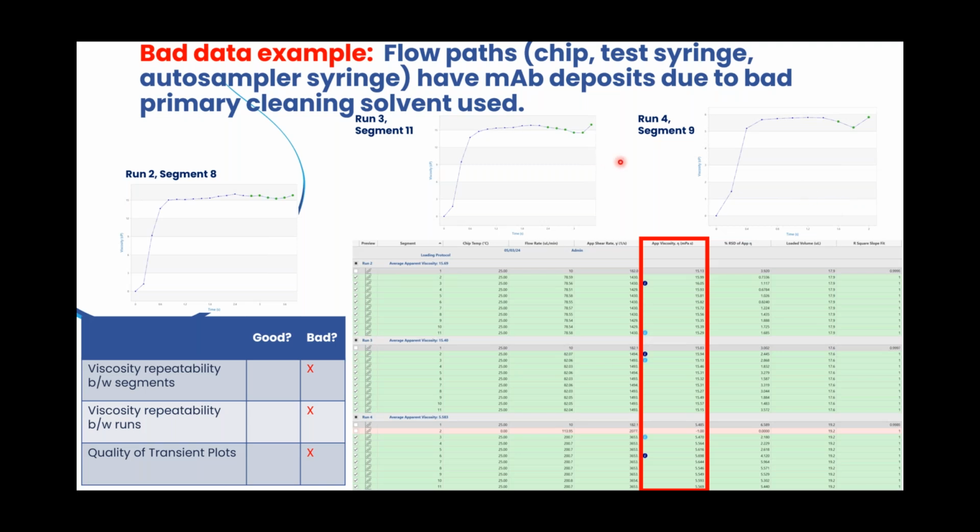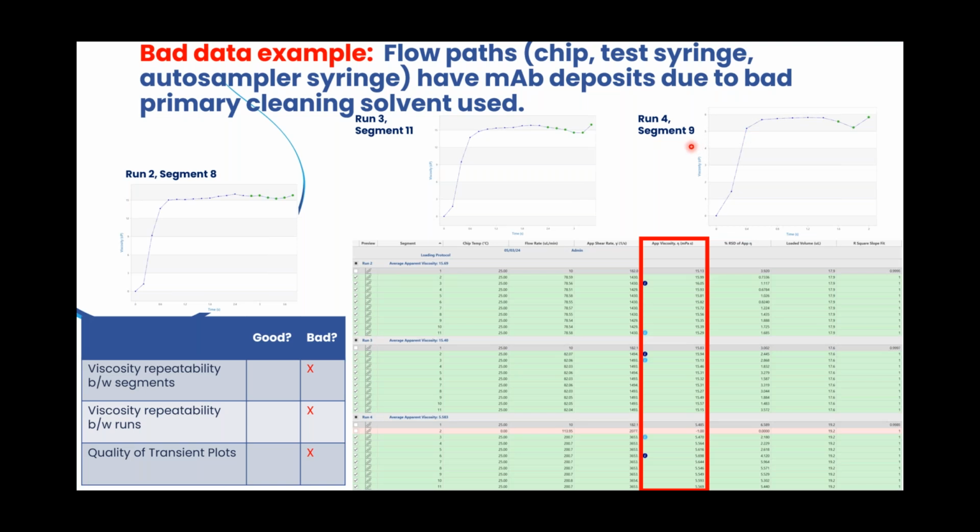In this case, they were running protein samples, and their primary solvent, the solvent that was used to directly displace their solution from the chip, was a buffer that was not a good solvent for their mAb proteins. So what happened with their instrument and their data? This is what happened.